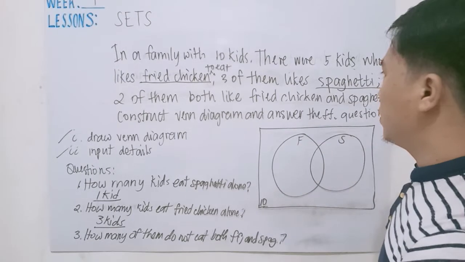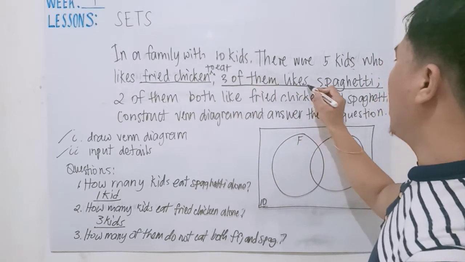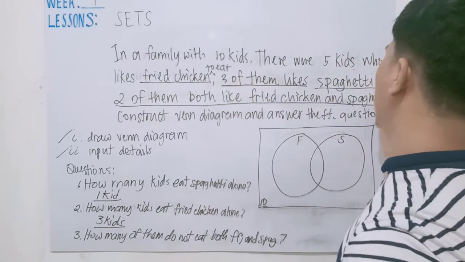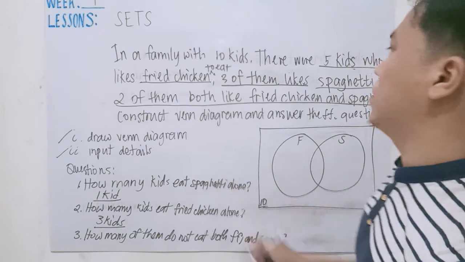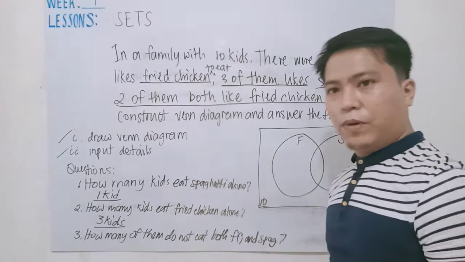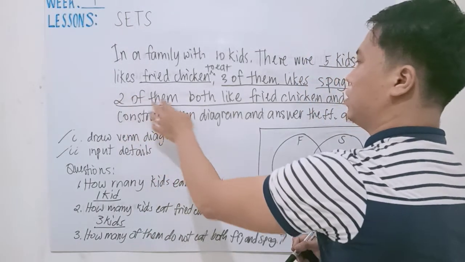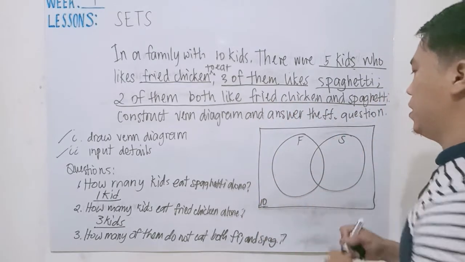Now, it says here that 3 of them like spaghetti and 2 of them both like fried chicken and spaghetti, as well as 5 kids who like fried chicken. So in this case, we're going to put 2 here first, because this is in common for fried chicken and spaghetti.